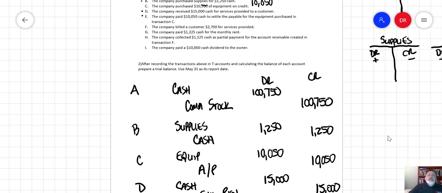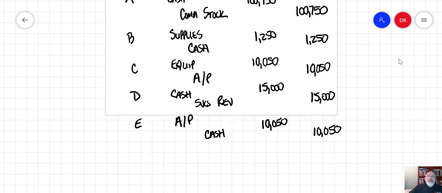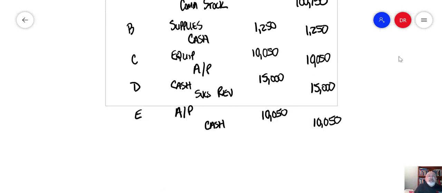So those are the transactions through letter E. Then for letter F, the company billed the customer for $2,700 in services provided. If we're billing, we didn't receive cash, but we have an account that they're going to pay on later. So we have accounts receivable, $2,700.